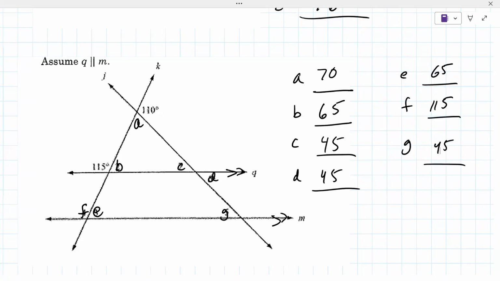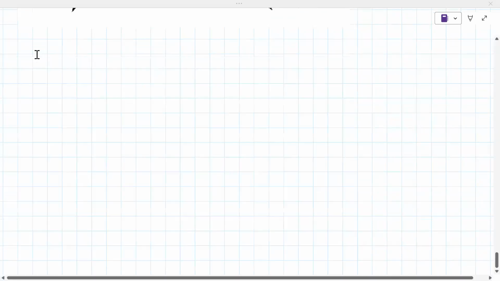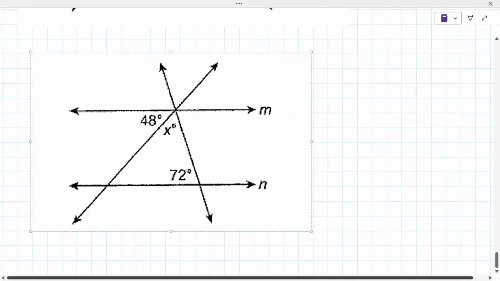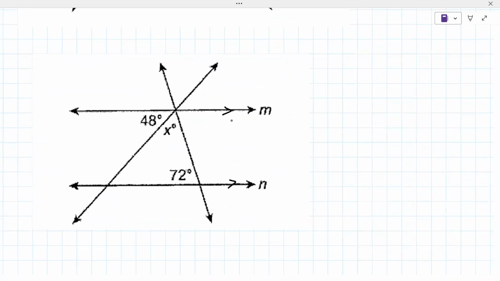All right, we've got time for one more here. M and N are congruent.